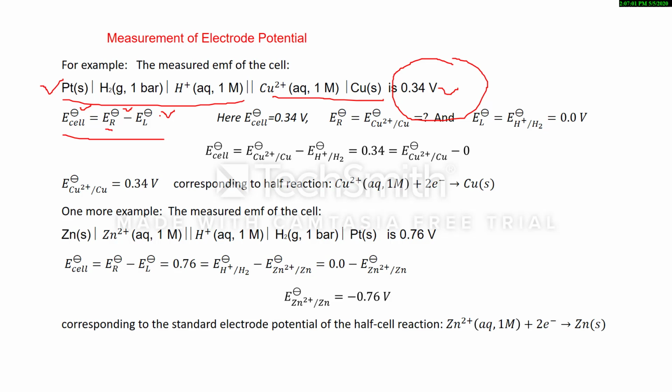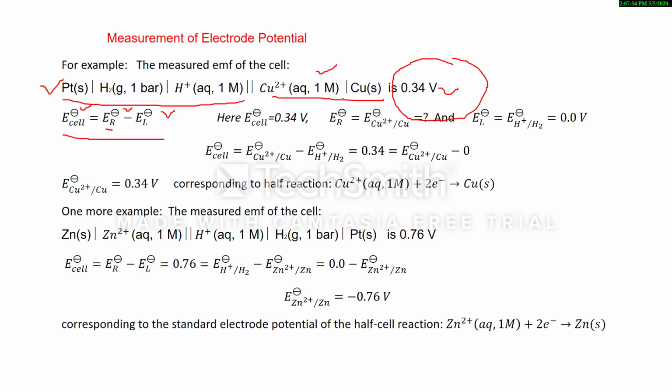Now the question arises: in this cell, how can we say which one is the right electrode and which one is the left electrode? As we already discussed, the right electrode is the anode, where oxidation is taking place, and the left side electrode is the cathode, where reduction is taking place. Actually, on the basis of deflection in the galvanometer, we can find out the direction of current.